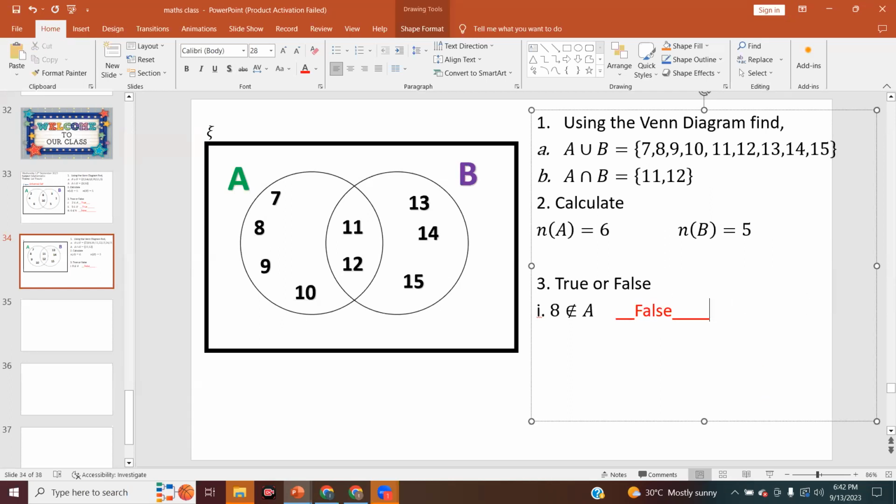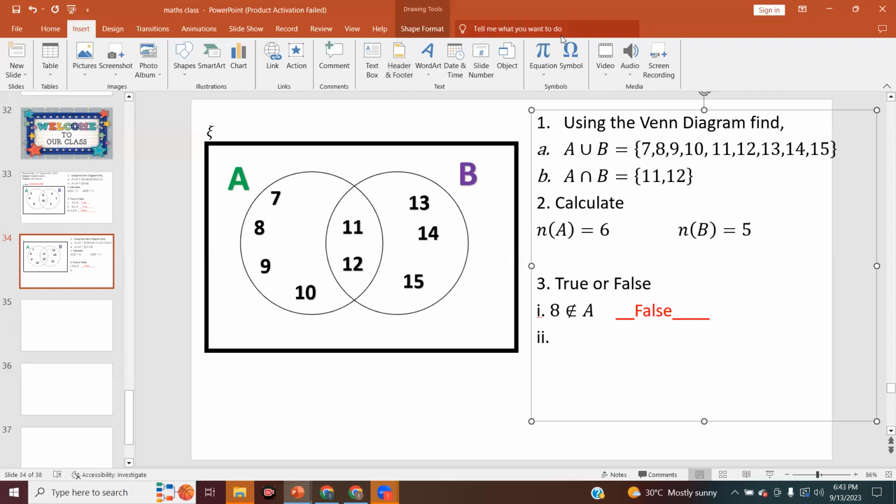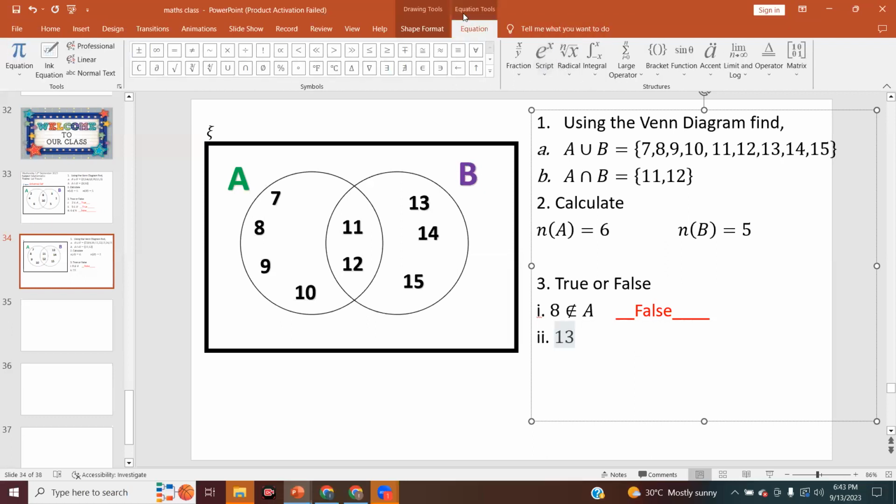Okay, next up. Number II. We have 13 is an element of B. Put your answer inside the chat for me, please.